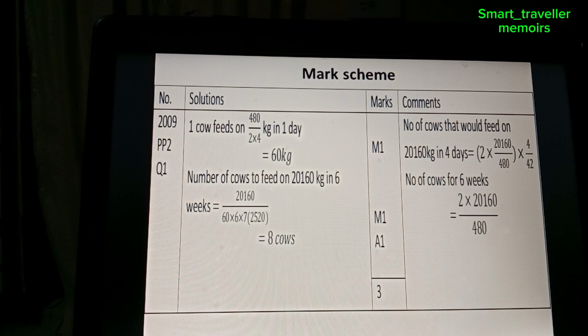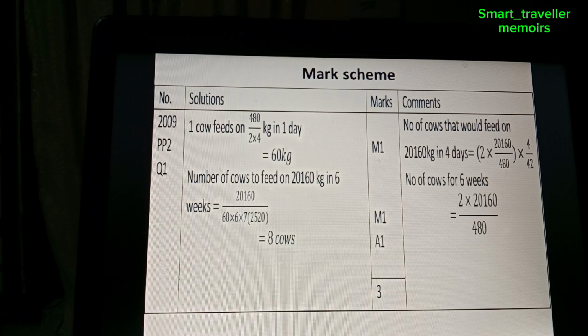Now, coming to the way the council marked, you can see the way the marking scheme of KNEC, the Kenya National Examination Council, is framed. You have a number there, you have the solution, then you have the marks, and then you have the comments.